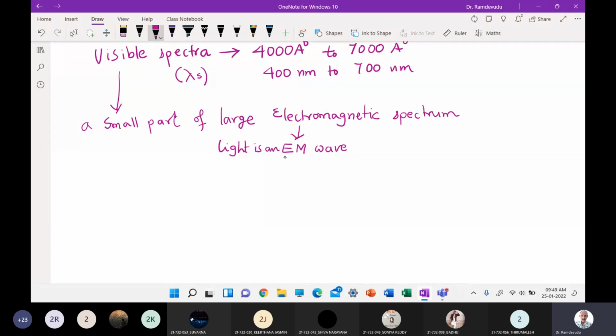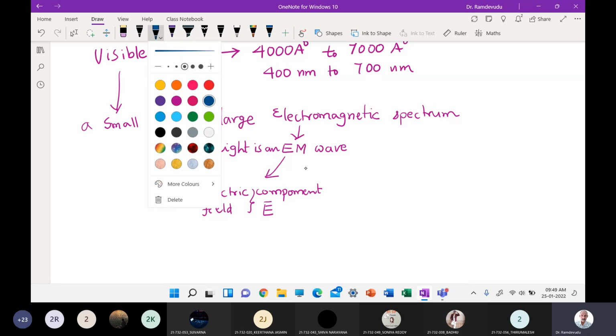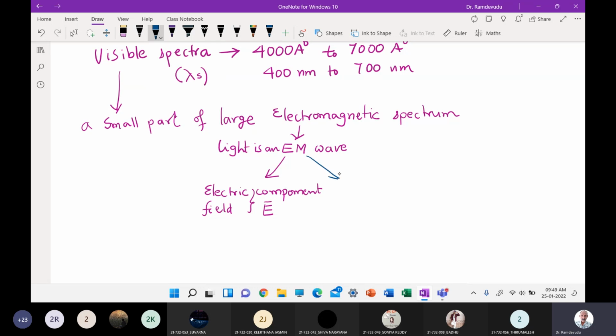Electromagnetic wave means that the light we are looking at should have an electric field component, represented by E bar. At the same time, it also will have a magnetic field component. So there are two components.